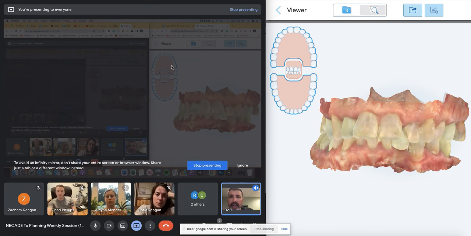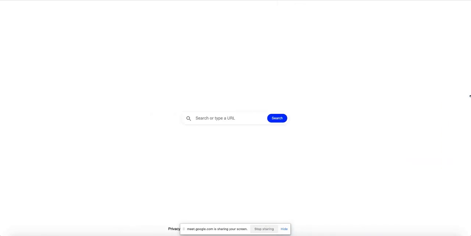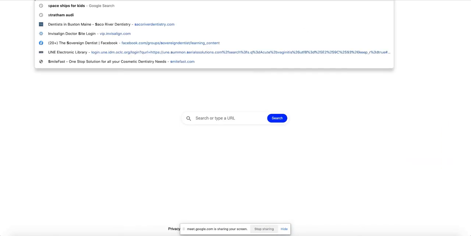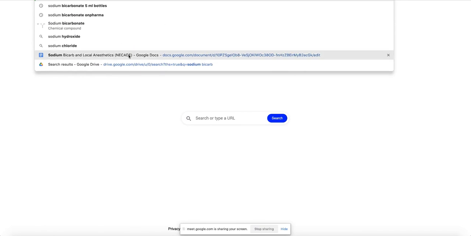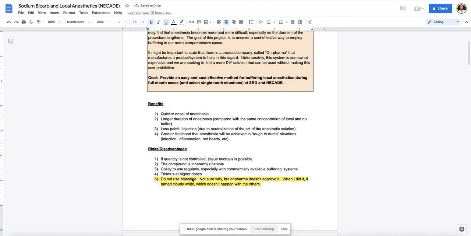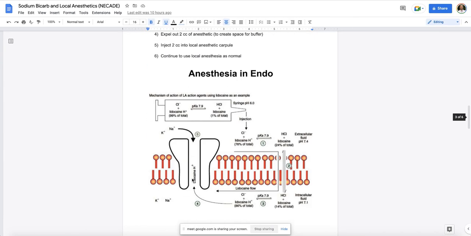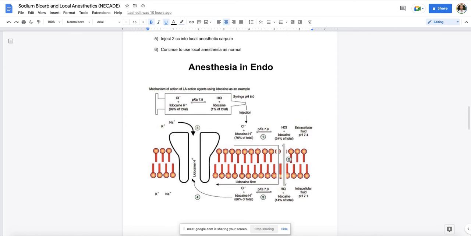We did some buffering today. So buffering with sodium bicarbonate. He had a patient, we did sedation today. I did the sedation, he did the full mouth rehab. The patient just had a hard time getting numb.